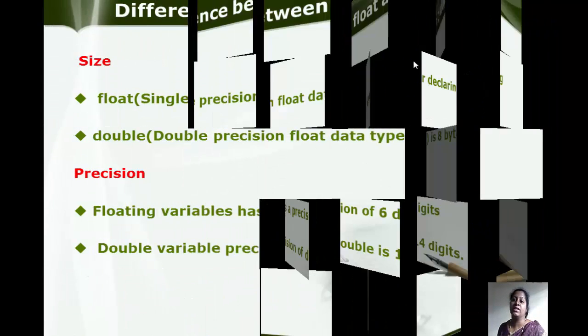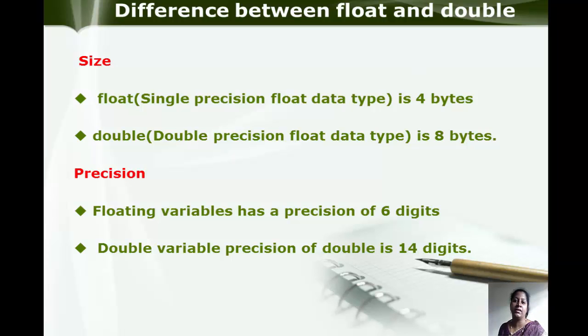What is the difference between a floating point and a double data type? Float and double both are used to store a decimal number. When you look at the size, a floating point data type is 4 bytes, and the size of a double data type is 8 bytes. The next difference is with respect to precision.